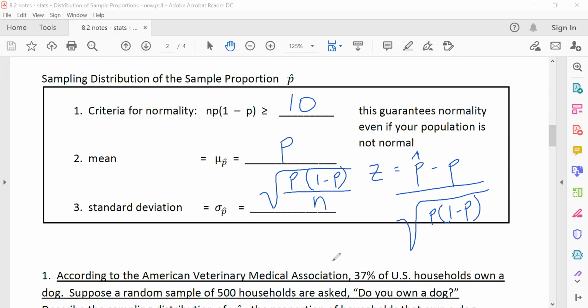If you want to get down into the dirty nitty-gritty of it, your z-score calculation won't exactly look pretty.